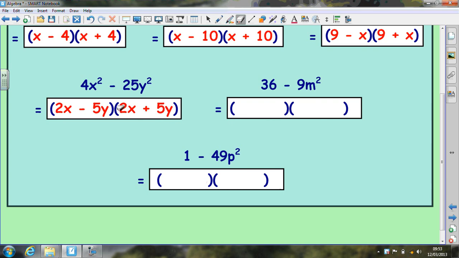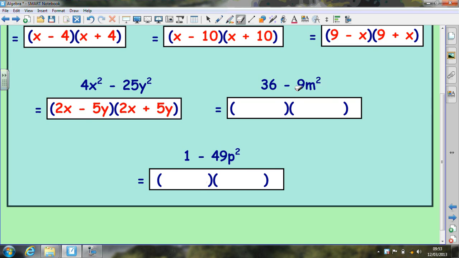Notice these are exactly the same, the 2x and the 2x and the 5y and the 5y. This has to be the case. You couldn't have, for example, 4x and a 1x at the front. You really need to square root this number, or see what value multiplied by itself makes this number.